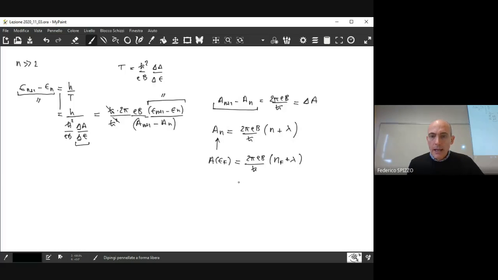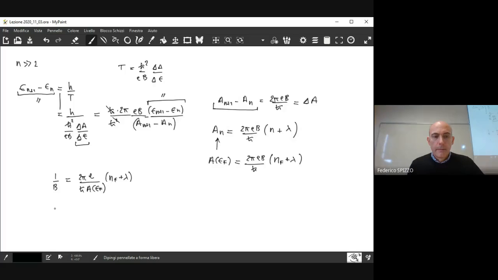Okay? At this point, we may take B on the left side, so we have 1 divided by B is equal to 2 pi E divided by h bar, the area corresponding to the Fermi surface times NF plus lambda. So what does this equation tell us?